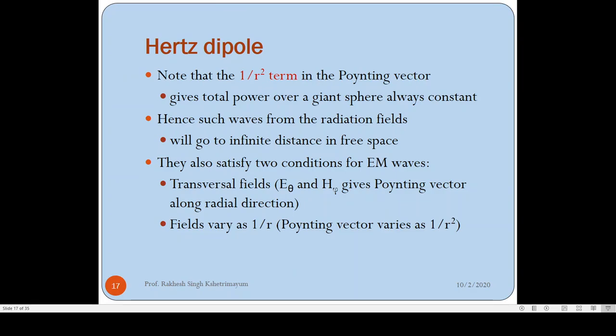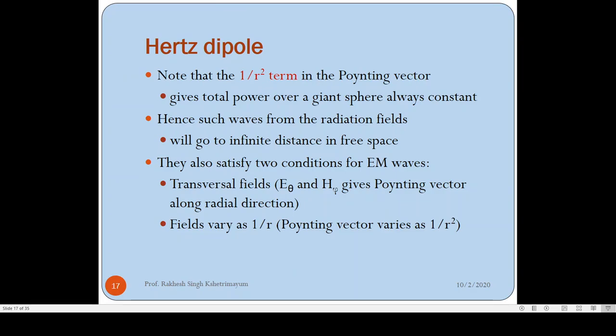What does this mean? This means that when you find the total radiated power from the source at any location in the far field, r can be anything, you are getting a constant power. So power is constant, energy is conserved.